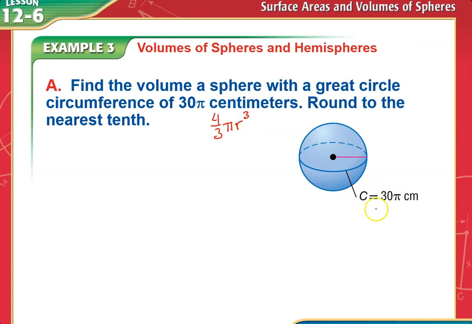We just got to figure out what r is. But we know that 30 pi equals 2 pi r. Divide both sides by 2 pi, and we get 15. So we're going to put 15 in for my r.